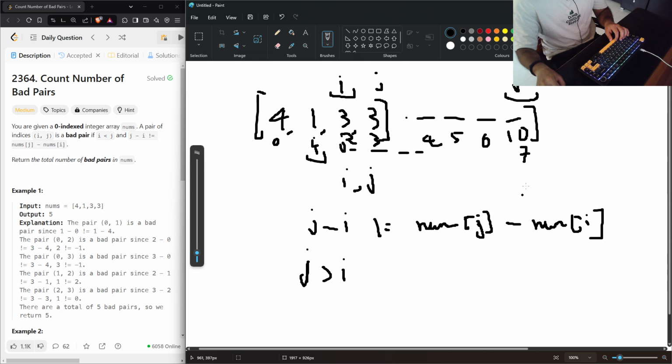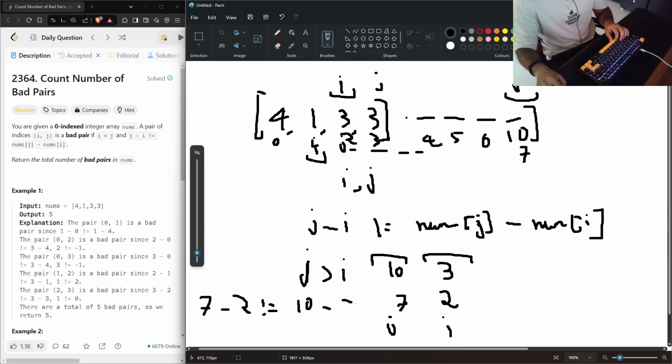So at index 7 we have the value 10, and at index 2, which is our i here, we have the value 3. Now we need to find out if this j and this i satisfy this condition.